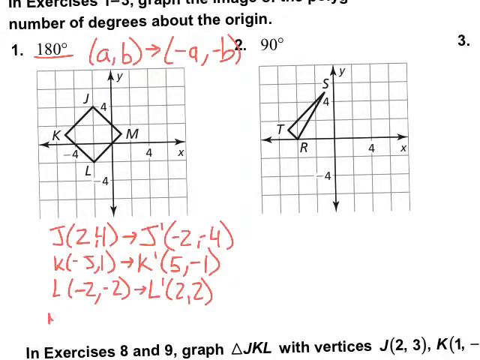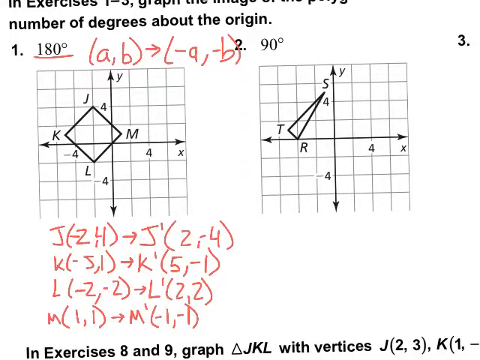And then M is positive 1, positive 1. So that's going to change to M prime, which is negative 1, negative 1. Change the sign of both of those. I did realize after I started I made a mistake on J. The ordered pair for the real J is left 2 up 4, so negative 2, comma 4. So that means my J prime is actually going to be positive 2, comma negative 4.